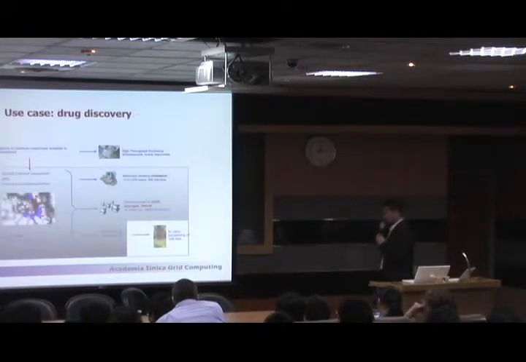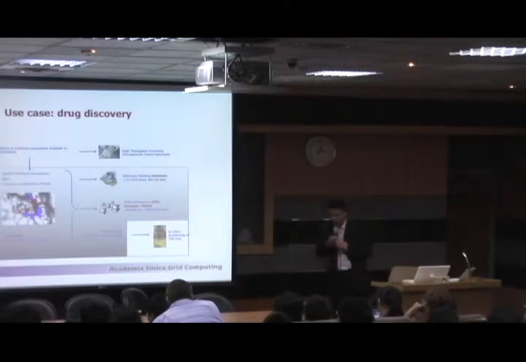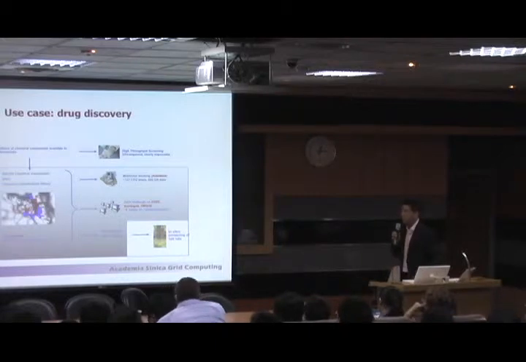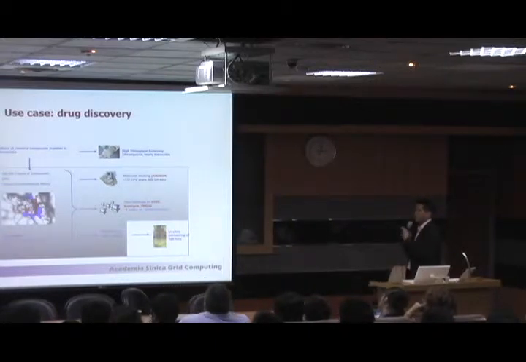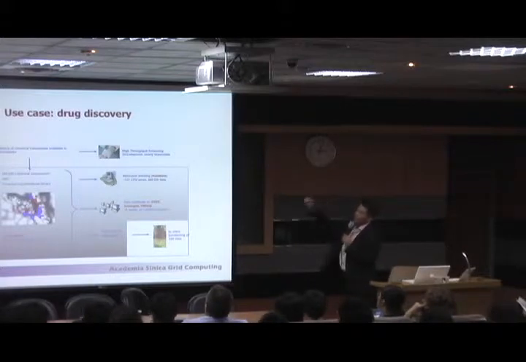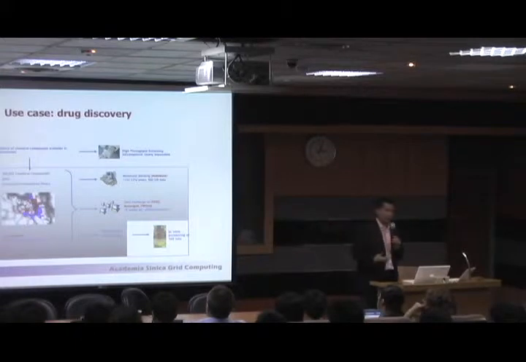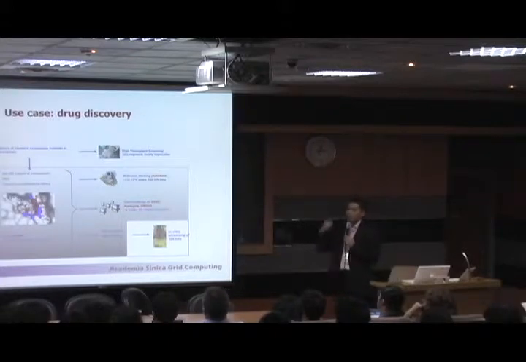Okay, the other application that I'm working on is so-called drug discovery. Just to introduce the first step of drug discovery, it's called high throughput screening. Basically, the biologist has a very large set of compounds which could be potential drugs for some specific disease.